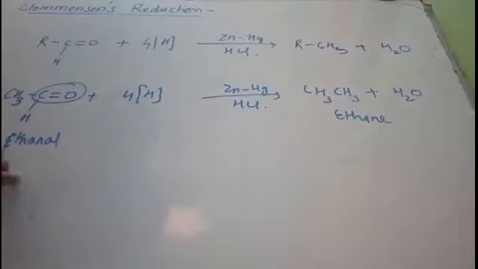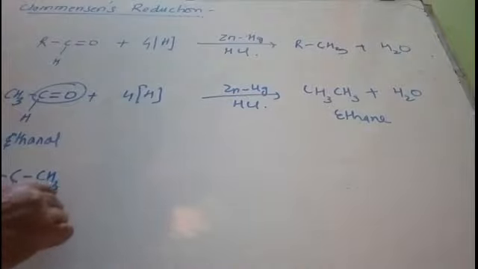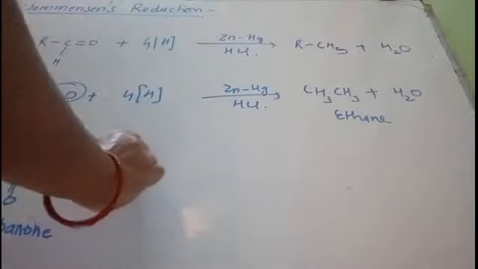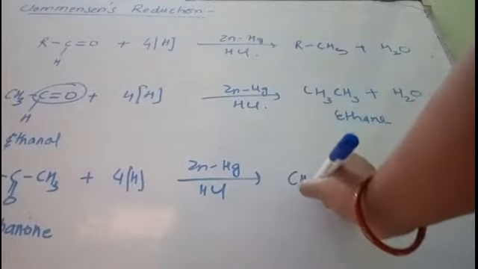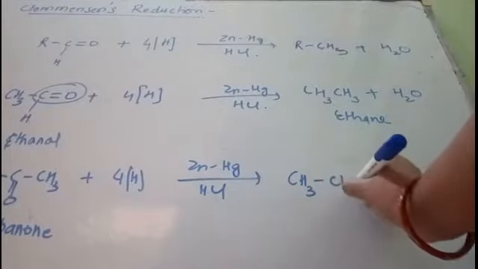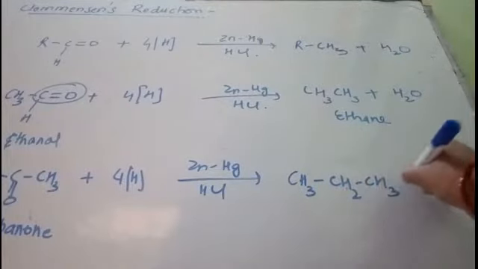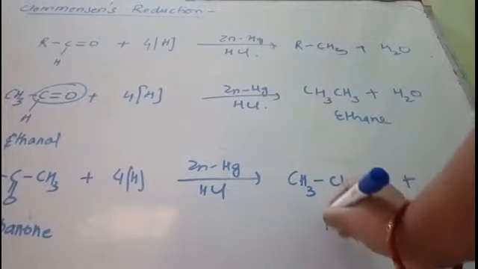If any ketone is there, say we have propanone, when it is reduced using zinc amalgam and hydrochloric acid, we will get propane. The corresponding alkane will be formed.